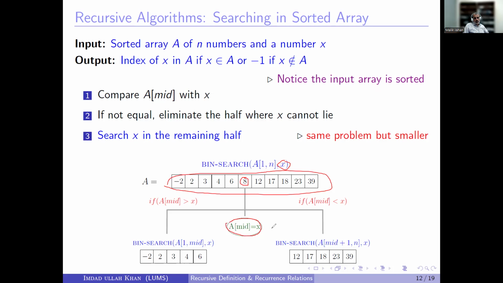If it does not match, then it will be either smaller or greater than that. If x is smaller than the midpoint, we confine our search space to the left part of the array. And if it is greater than the midpoint, we confine our search space to the right side of the array. This algorithm will keep on working recursively until we are left with an array of one element. And if that does not match, then we return -1.